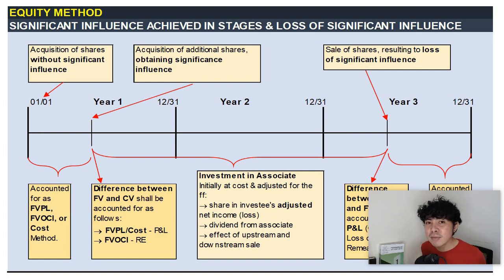So since hindi na financial asset at fair value through OCI yung ating investment kay DEF as of April 1, 2020, dapat matanggal na rin yung OCI sa shareholders equity na related doon sa investment natin kay DEF. Kasi nga, hindi na siya FVOCI. Investment in associate na siya.